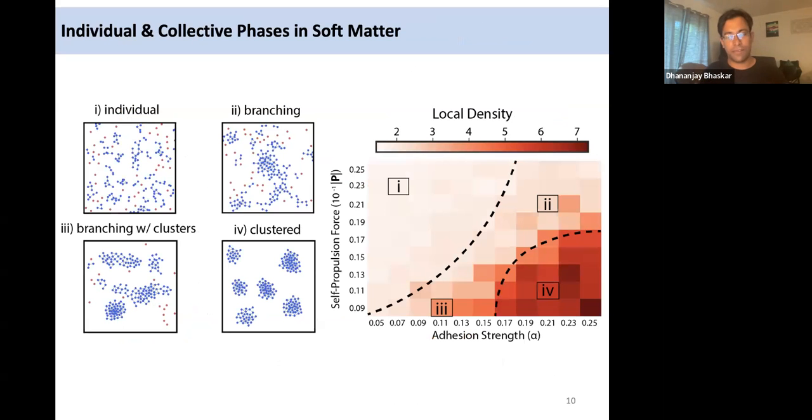And so now that we have a model, we can start tweaking some of these parameter values. And in particular, I'm going to tweak two parameters. I'm going to vary the magnitude of that random polarization or self-propulsion force, and I'm going to vary my adhesion strength. And so at high adhesion and low random force, you have formation of compact clusters. At intermediate values, you have this kind of network formation. And at high polarization, low adhesion, you have cells that are not forming any stable clusters.